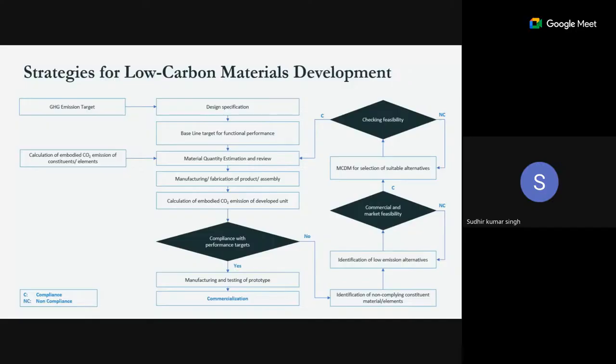It is not as simple as it looks on the screen. Because the trap will be when you identify the non-complying material. Sometimes the non-complying material is the essential material for functional performance. I am using a polyurethane insulation.